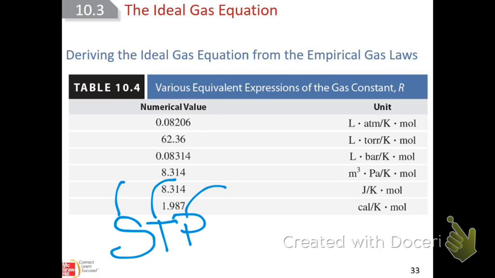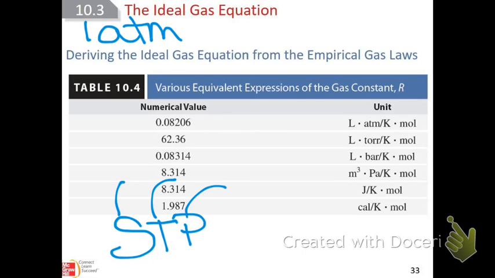All of these different things that it can be, it's going to affect what your value for R is. Well, standard temperature is always 273 Kelvin. So if you set this up and you say, okay, what is my pressure? Well, let's let pressure be atm this time. So my standard pressure is 1 atm.